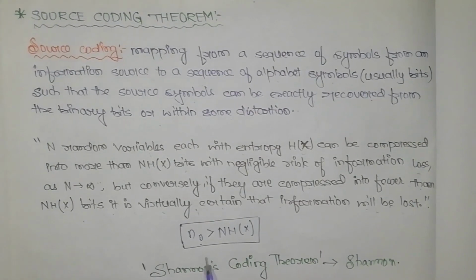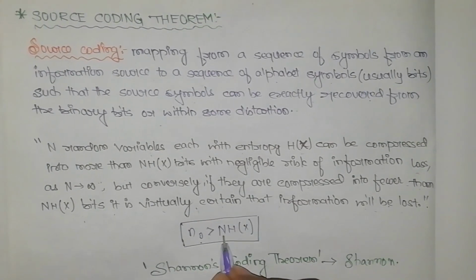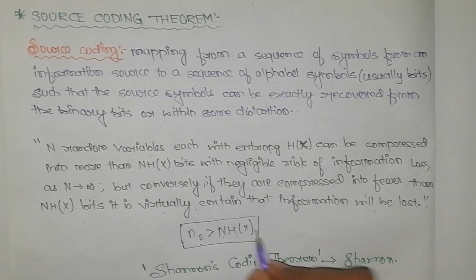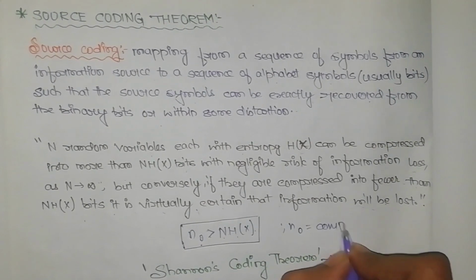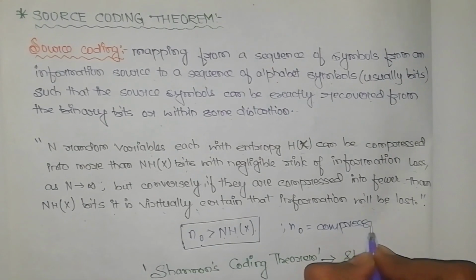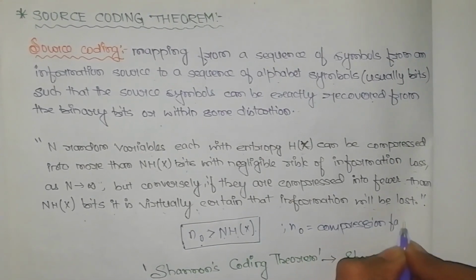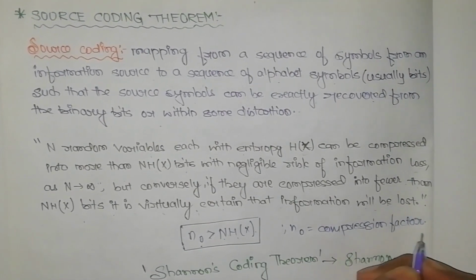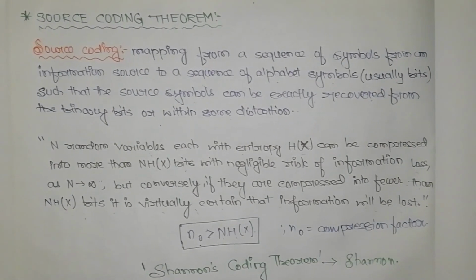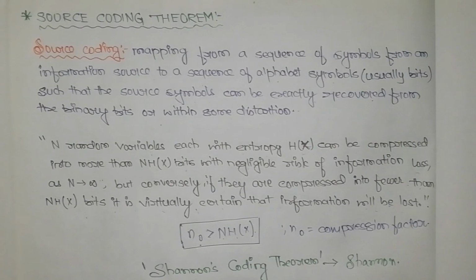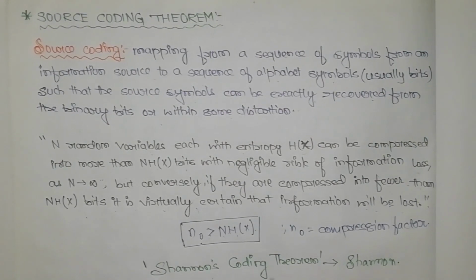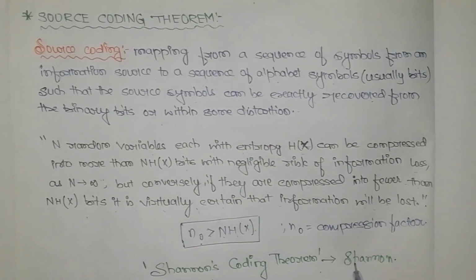So it will give a condition like n_0 greater than n H(X). So that's the basic of the source coding theorem. This source coding theorem is also known as Shannon's coding theorem because it was proposed by the famous scientist Shannon.